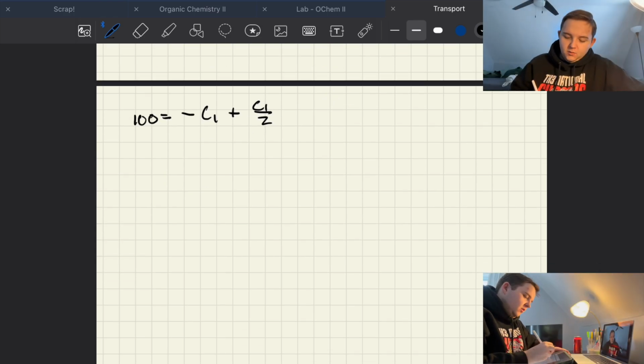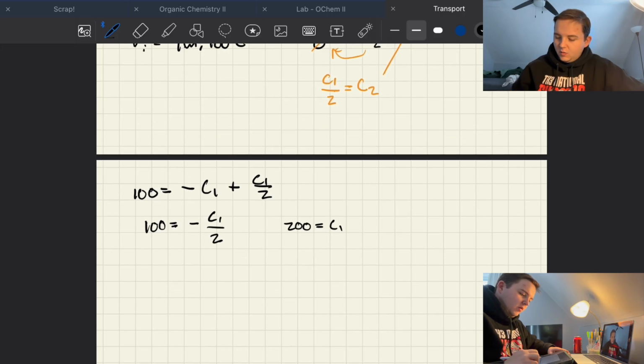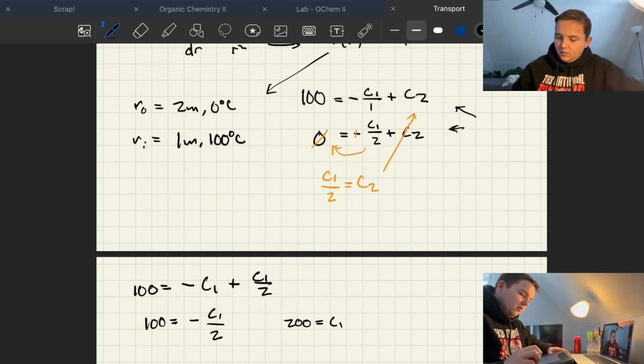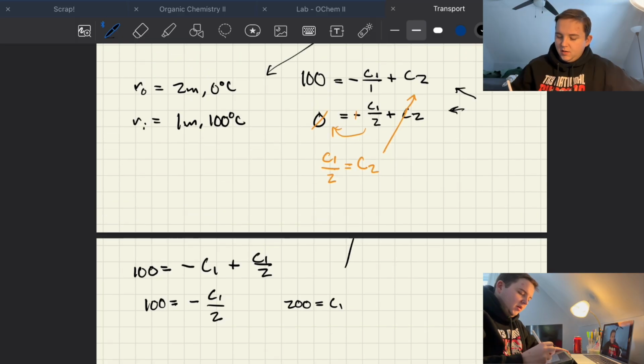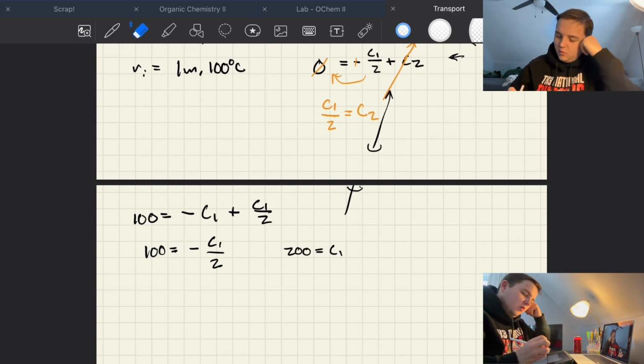Okay, so this would be 100 equal to negative C1 over 2, and then just multiplying by 2, we would get 200. Then we can plug it back into this equation up here to show what C2 is.